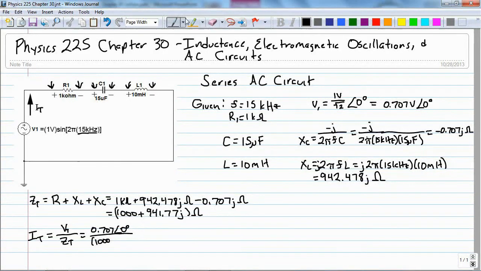Oh, I'm sorry, that's volts. I should make sure I put my units here. That's 1000 plus 941.77 J ohms.